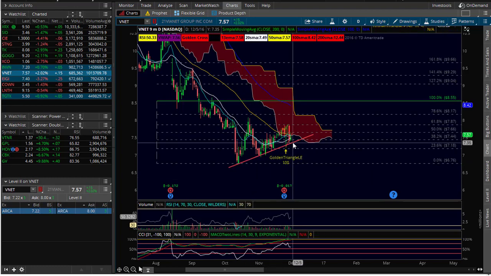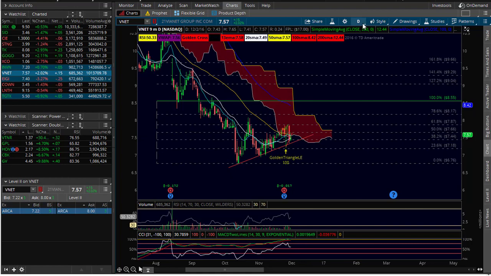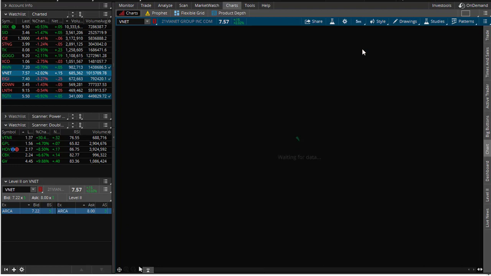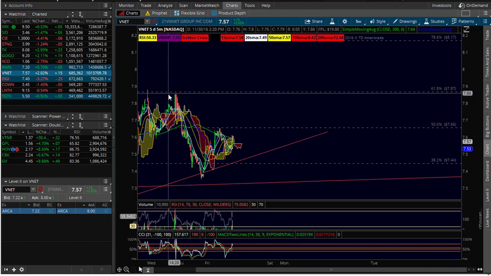So if I was getting into VNET and I was only looking to hold for, let's say, 1 to 3 days, I wouldn't be doing it on this month-day chart. I would come down to a closer time frame chart, and I would set my Fibonacci from the initial break point of this high up here at 7.85.